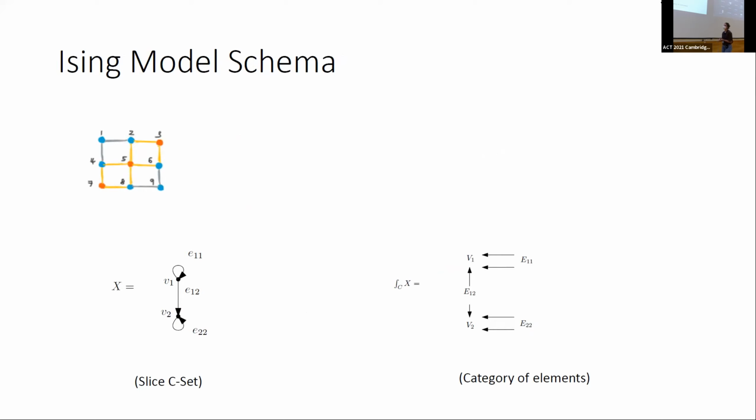Maybe I should say what the Ising model is. It's the top left on that slide. We have two types of nodes, blue nodes and orange nodes, corresponding to spin up or spin down. You get a yellow edge between two different colors and a gray edge between the same color.